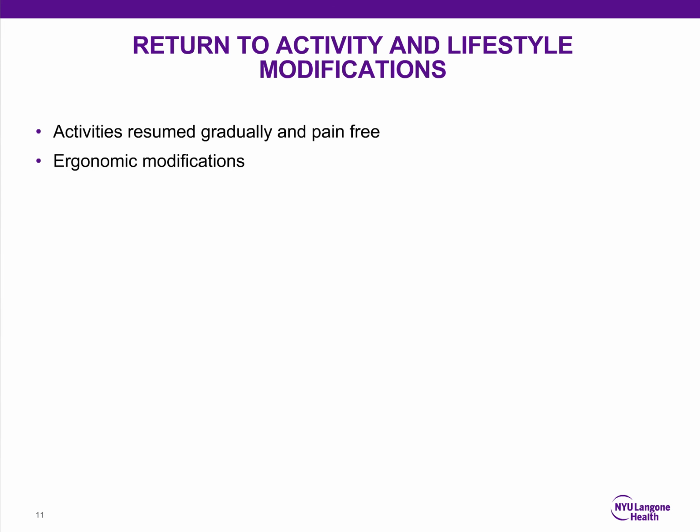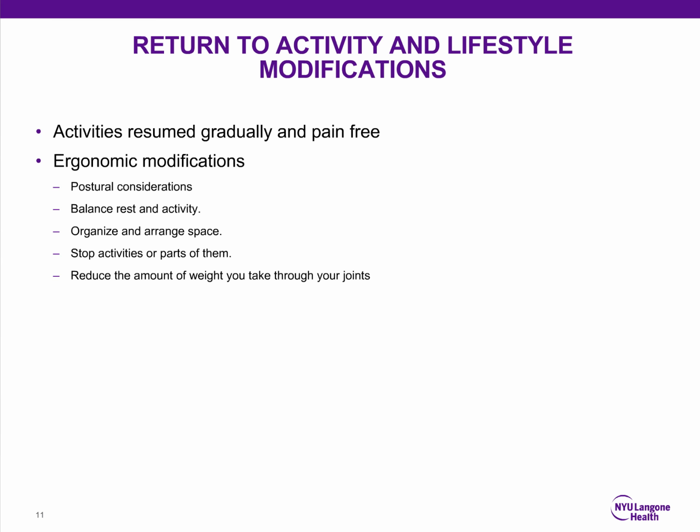In addition to that, ergonomic modifications are necessary for these patients, and some general guidelines are, for example, postural considerations, balance, rest and activity, organize and arrange space, stop activities or parts of them, and reduce the amount of weight that patients take through the joints.